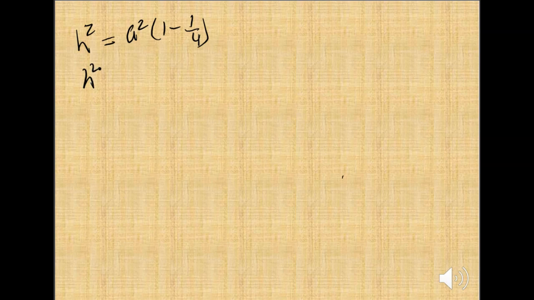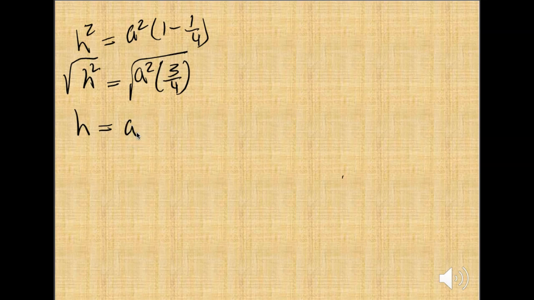So H squared is equal to A squared times 3 over 4. If we take the square root of both sides, we have H is equal to A times the square root of 3 divided by 2. That's our H.